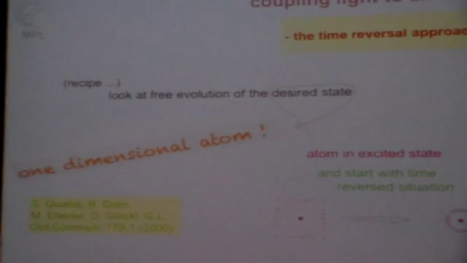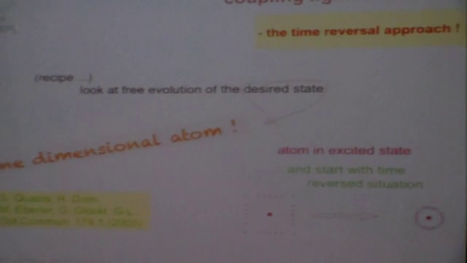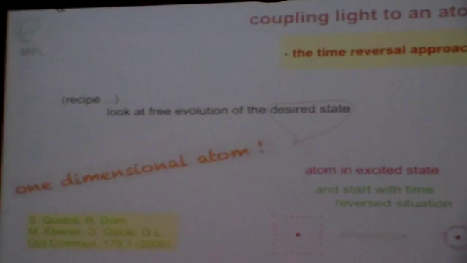Now, I did not discuss the spatial dimension, but I wanted to emphasize here that the spatial mode of the light field that the atom couples to is a dipole wave in the case when you have an electric dipole transition, which is the normal case.